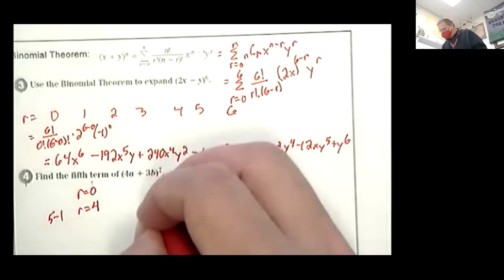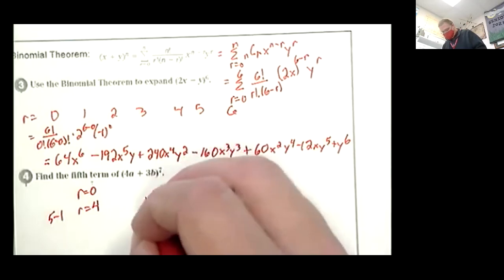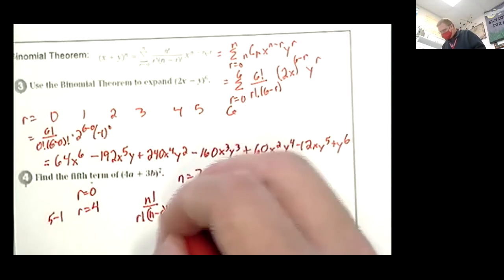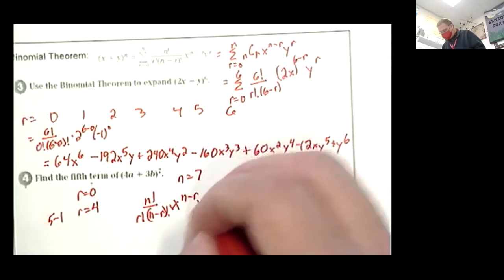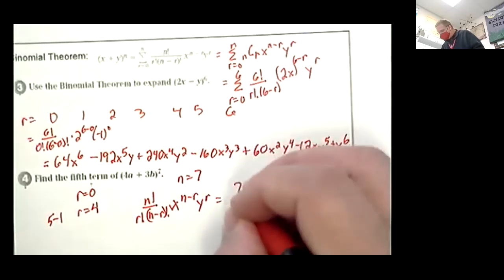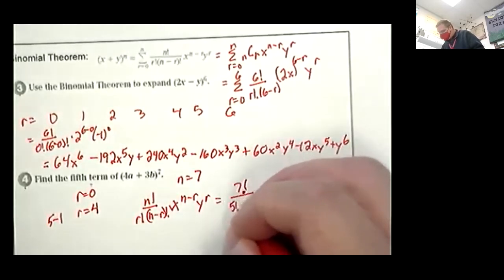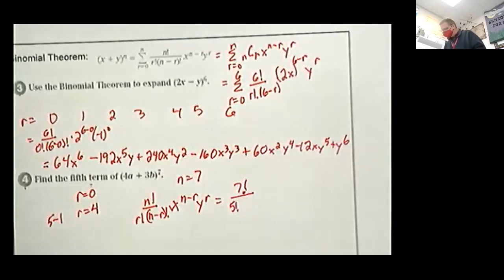We're using our formula, n factorial over r factorial (n minus r) factorial, times x to the n minus r, y to the r. That gives us 7 factorial over 4 factorial, because we want the 5th term.